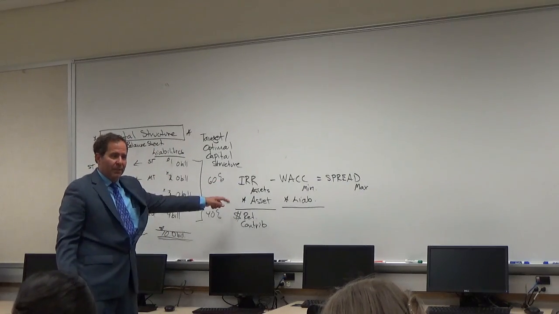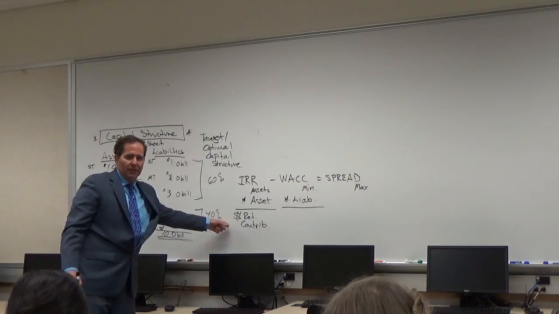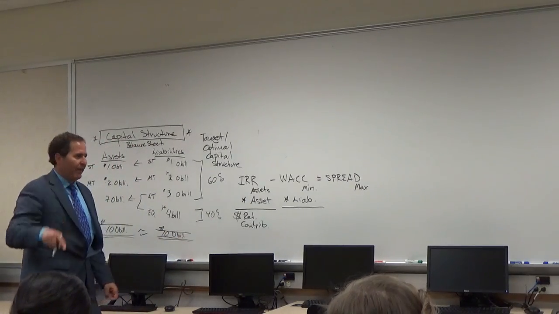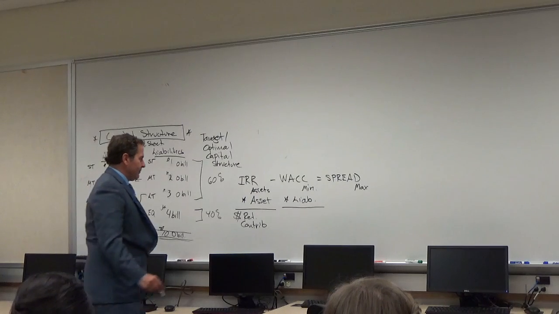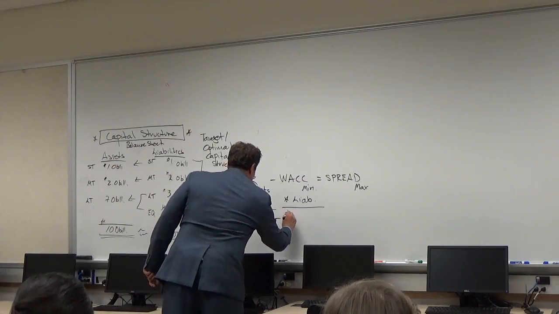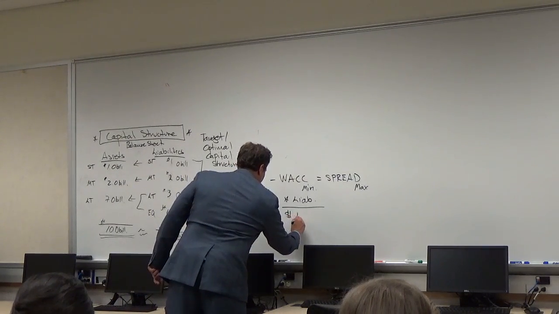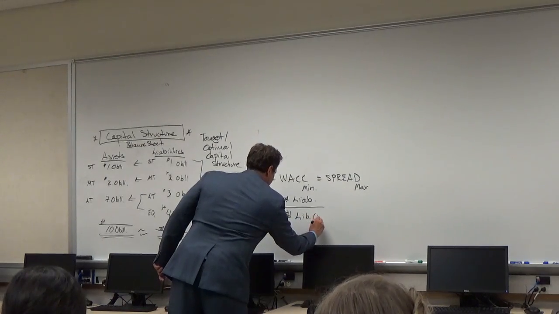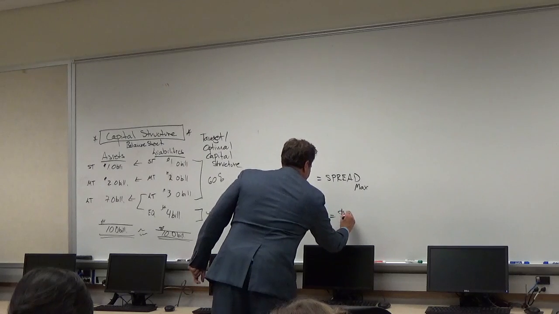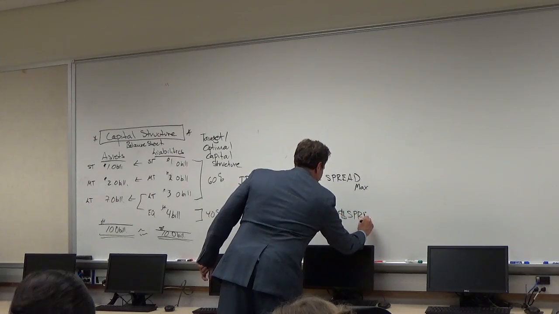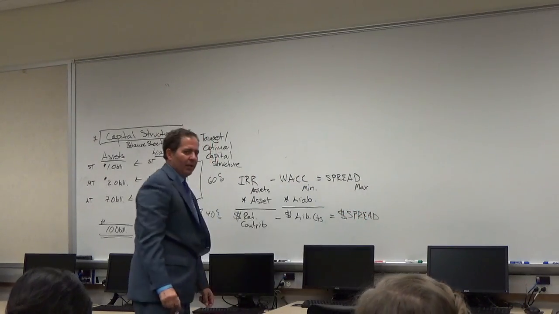It's just the return times the assets. It gives you the return in dollar amounts, not percentages. And if you calculate the dollar amount of the liability costs, you can calculate the spread in dollar terms.